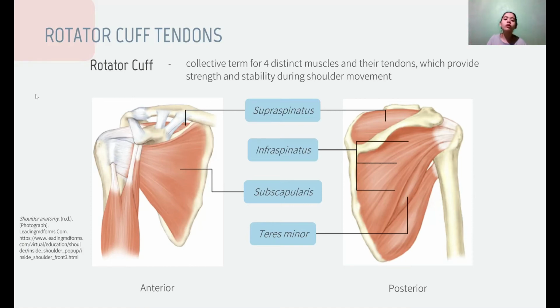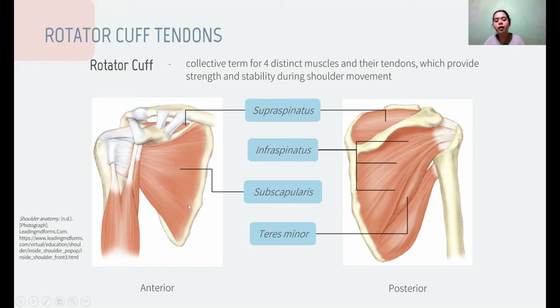And those 4 distinct muscles are, once again, I'm gonna tongue twist again: supraspinatus, infraspinatus, the subscapularis, and the teres minor. So over here we have the anterior, or the front view.